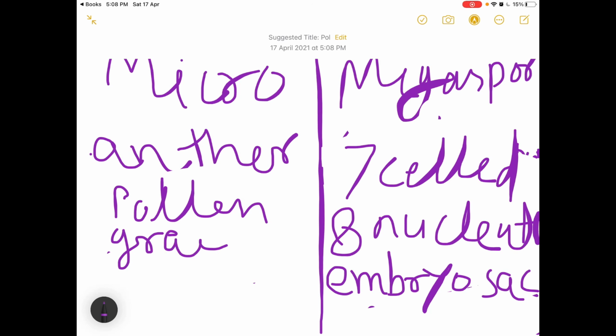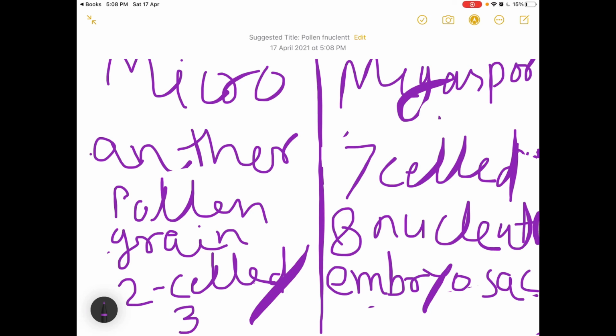But the male gametophyte is pollen grain. And it is either in two-celled stage or three-celled stage. In 60% of species, two-celled stage is found inside the pollen grain, when the pollen will release from the anther.